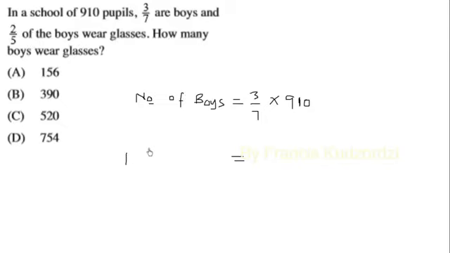So number of boys wearing glasses is equal to 2 over 5 of this. So 2 over 5 times 3 over 7 times 910.